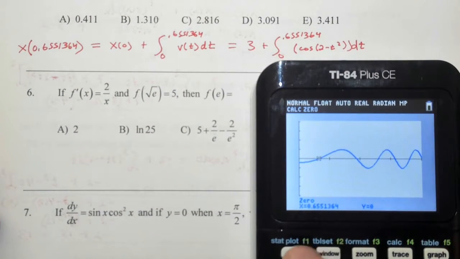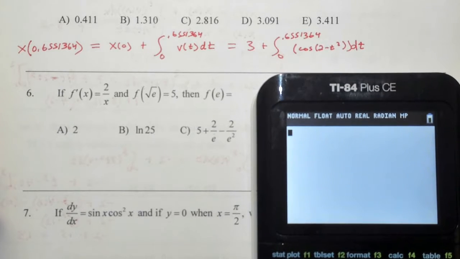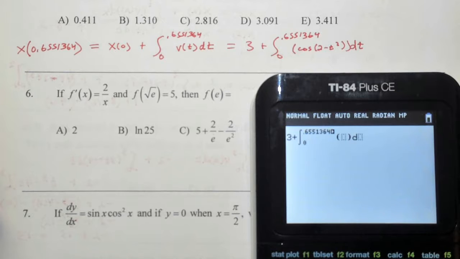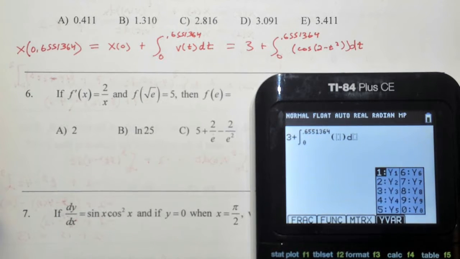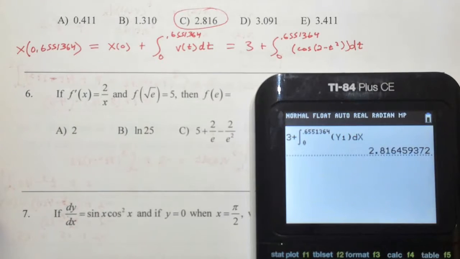Okay, and we have 3 plus, and then math 9, and we're going to go 0 to 0.6551364. Actually, we don't have to put the cosine in there. We can do y1. So alpha trace y1 dx, and when we hit enter, it gives us 2.816. So we can see that our answer is going to be C.